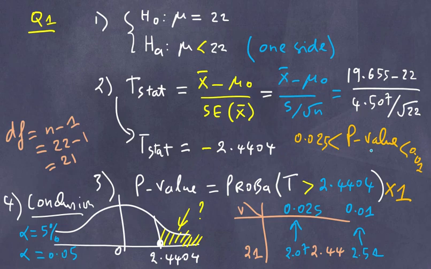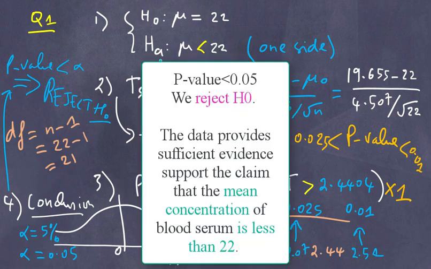So the p-value is less than alpha, and when the p-value is less than alpha, you always reject H0, which means you accept H1 or HA. There's strong evidence that the population mean is less than 22.